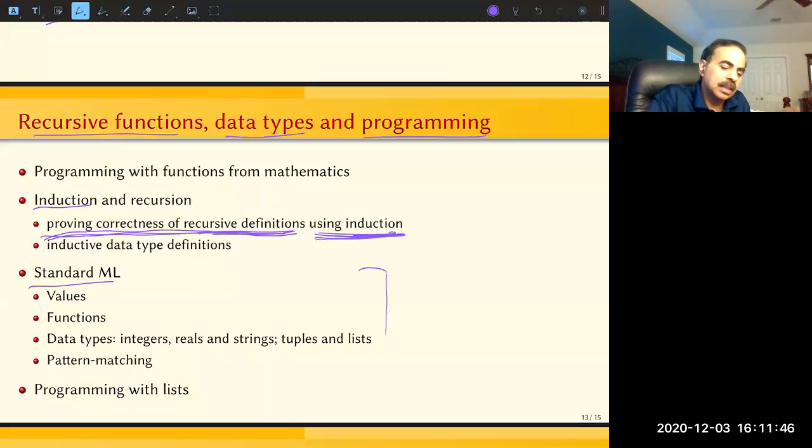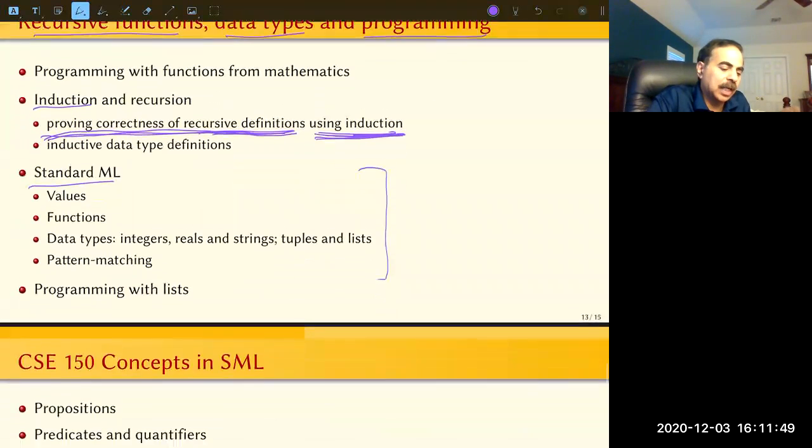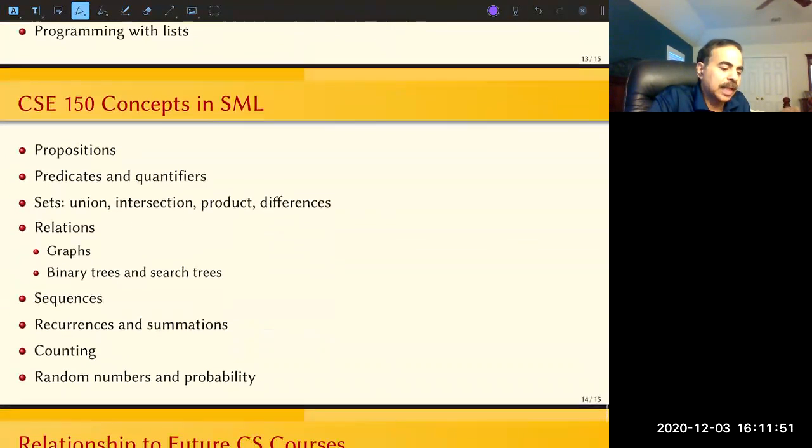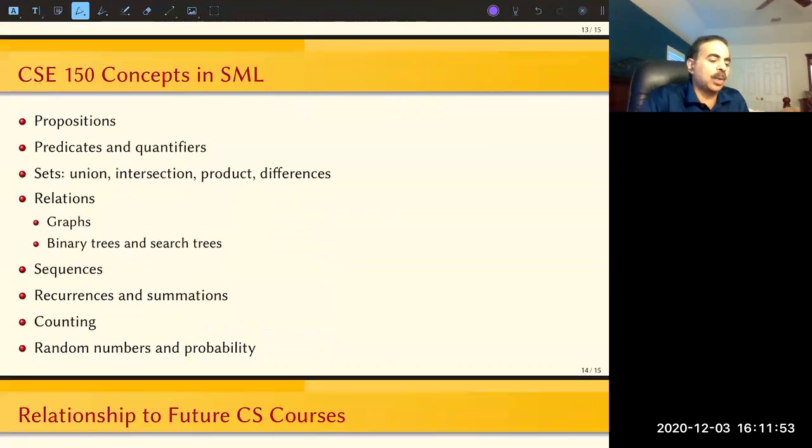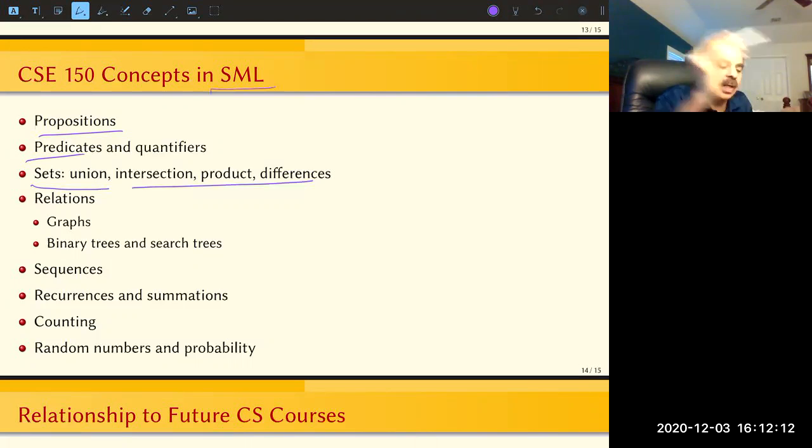And then we spent a fair bit of time doing standard ML. One of the things that I wanted to capture in using standard ML is to take many of the concepts that we have covered in the course, such as propositions, predicates, sets, and operations on sets, right? We wanted to show how all of them can be expressed in the language of ML.